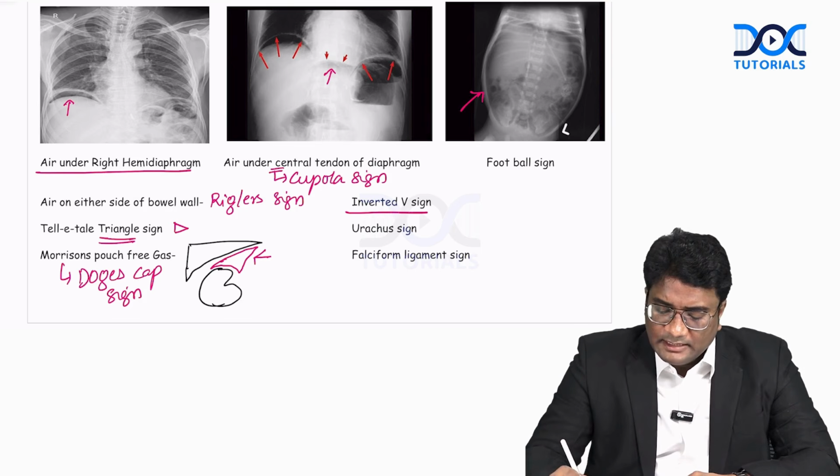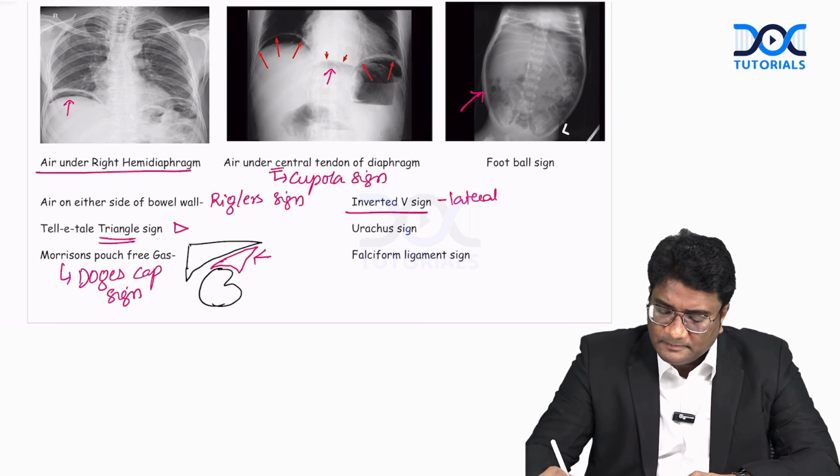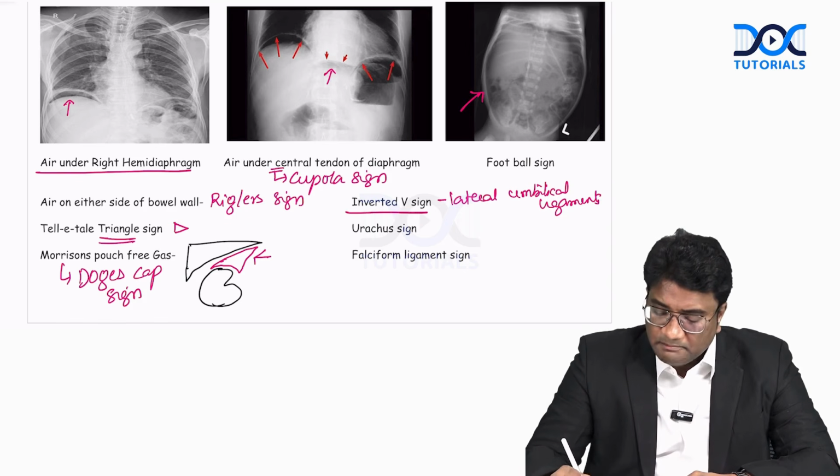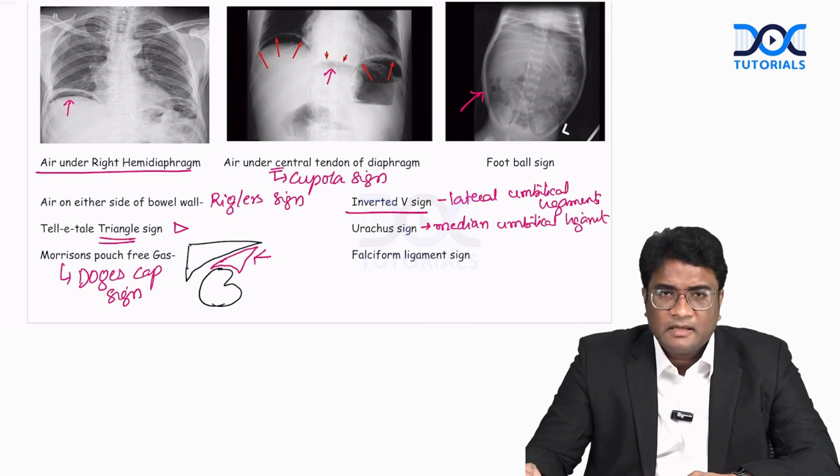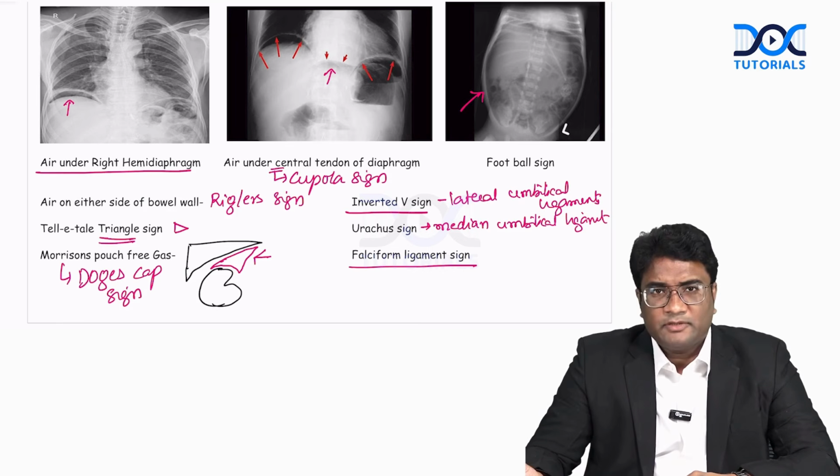You will see the lateral umbilical ligaments. There is a median umbilical ligament called the urachus. And the falciform ligament around the liver.